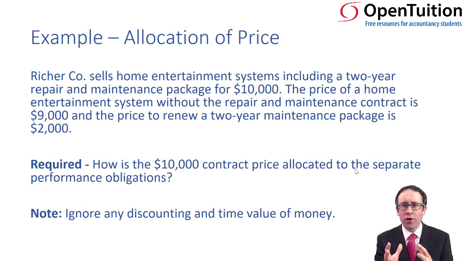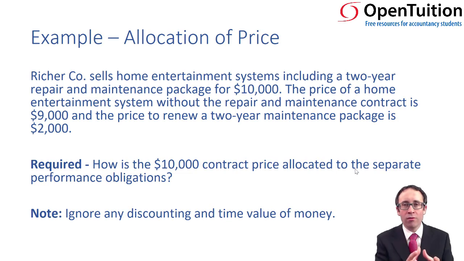We have two performance obligations from there, haven't we? The entertainment system being the goods, and the repair and maintenance package, which is then the service. It then gives us the standalone prices. The price of a home entertainment system without the repair and maintenance contract is $9,000. So if you were just buying the goods separately, with no repair and maintenance contract, there would be a $9,000 selling price.